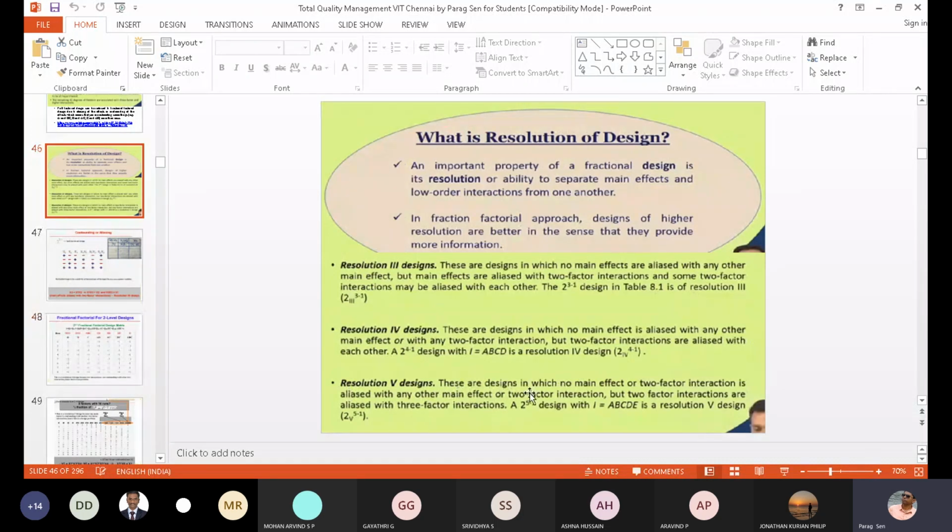Resolution 5 designs are designs in which no main effect or two-factor interaction is aliased with any other main effect or two-factor interaction, but two-factor interactions are aliased with three-factor interactions. Suppose a 2 to the power 5 minus 1 design, I is equal to ABCD, is a resolution 5 design.